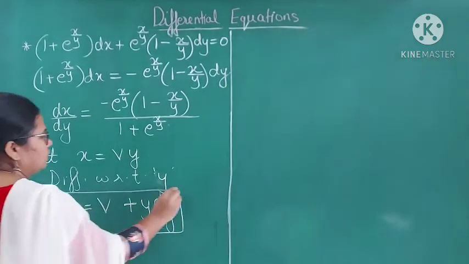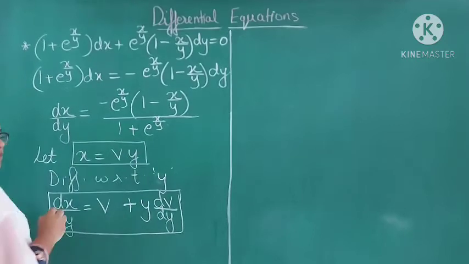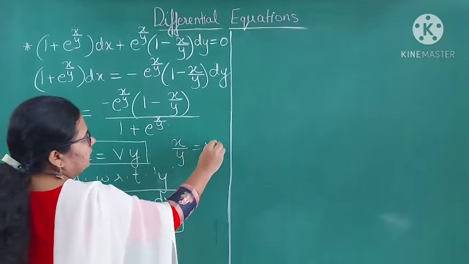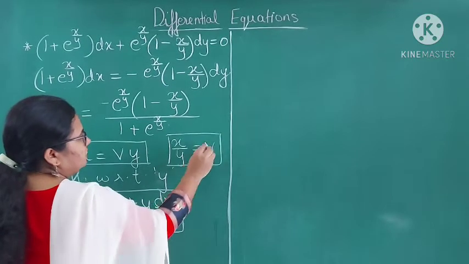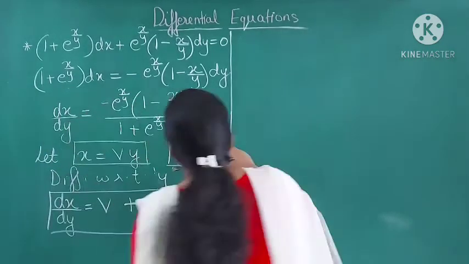So this is your substitution for dx upon dy, and this becomes your substitution for x. And what is x upon y equal to? It is v, and this becomes your substitution for x upon y.